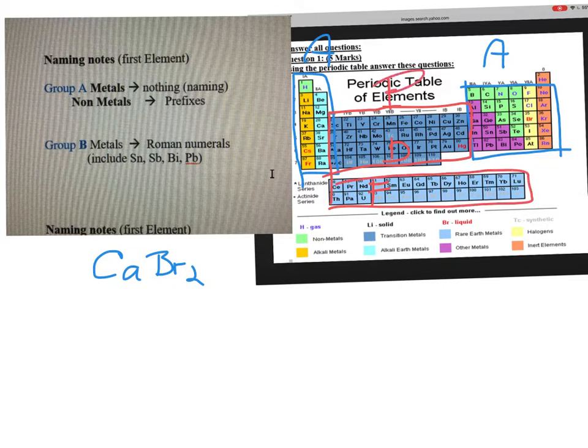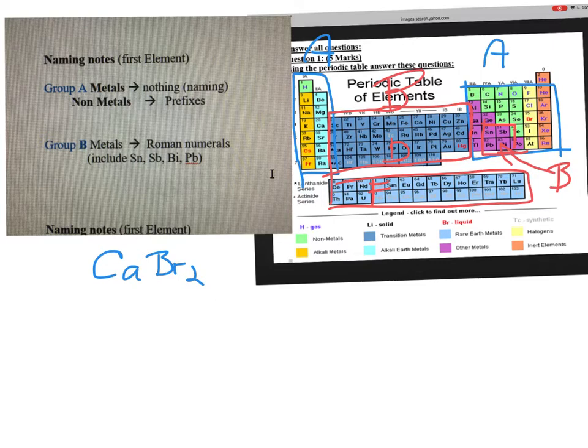This is your group B. There are exceptions to the rule: your Sn, your Sb, your Bi, and your Pb, even though they're in the A section, function like a group B. I would pause this video and label your periodic table or take a screenshot so you can label that for later.